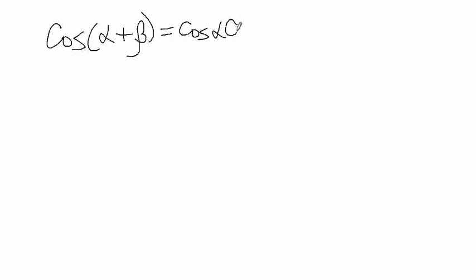Okay, this is going to be my strategy to show you where the identities come from. First, I'm going to just assume the cosine sum identity. And I'm going to show you that all the other identities follow from this one identity.